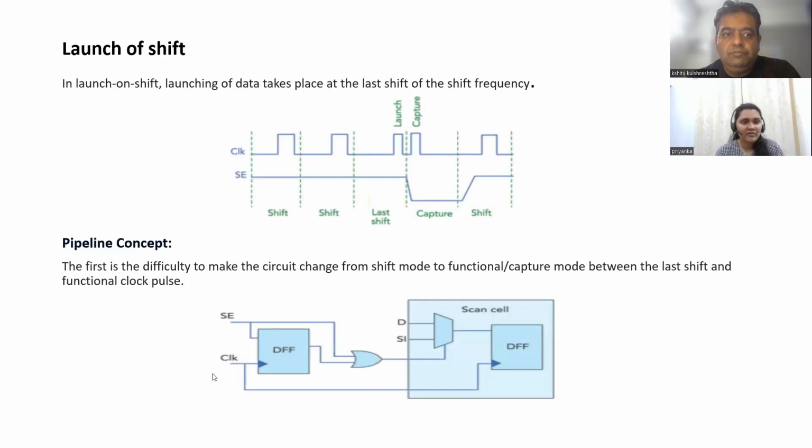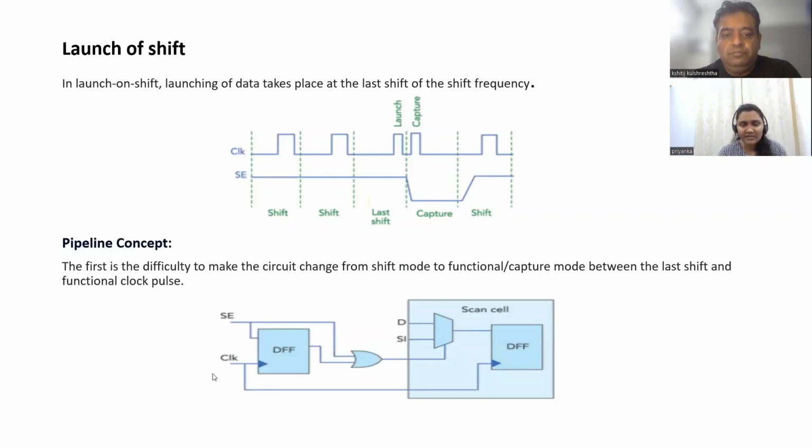As per the definition, in launch on shift, the launching of data takes place at the last shift of the shift frequency. In this diagram, you can see there are two signals in the waveform: first is the clock signal, and second is the scan enable signal.